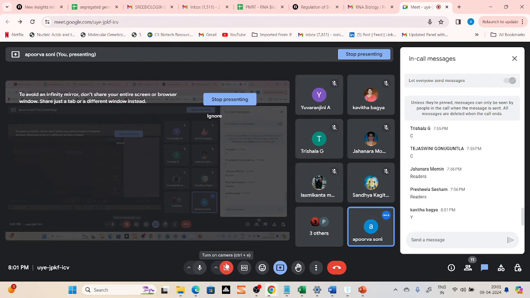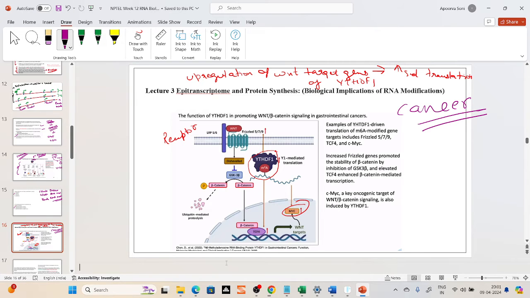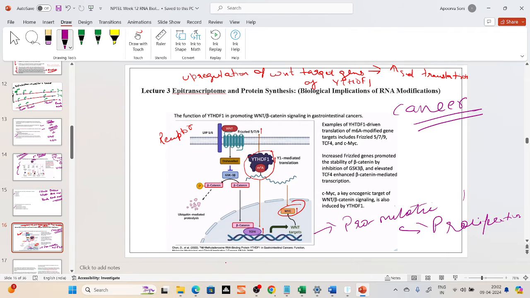Okay, fine. So you have to understand that if there is upregulation of this pathway, it produces target genes which are pro-mitotic. That means it promotes proliferation, and proliferation can ultimately lead to increased cancerous conditions. So this is how everything is related.